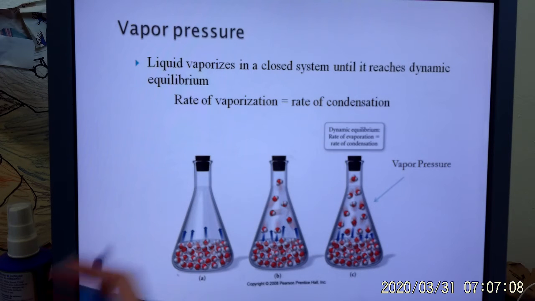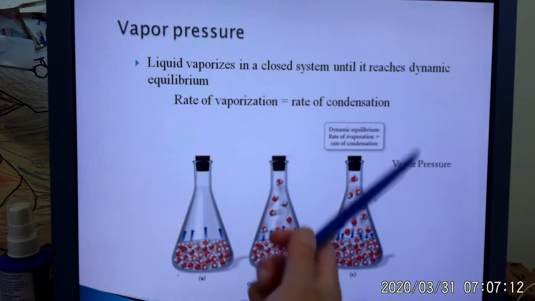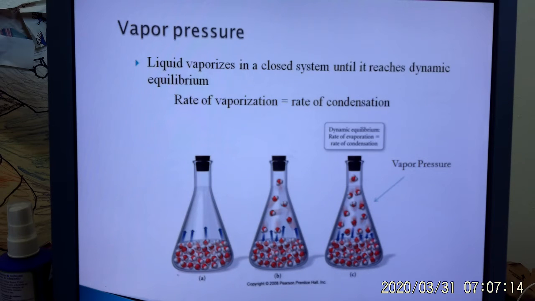What's typical is that the vapor pressure increases with temperature, okay? And for pure substances, we often will look at the vapor pressure. You have lookup tables. We have lookup tables for the vapor pressure of water at various temperatures.